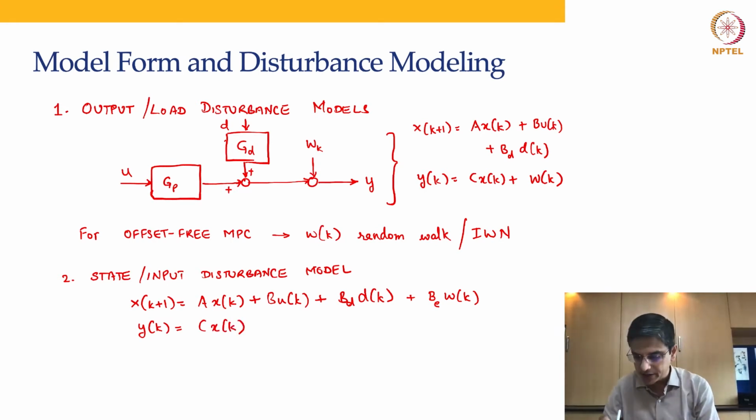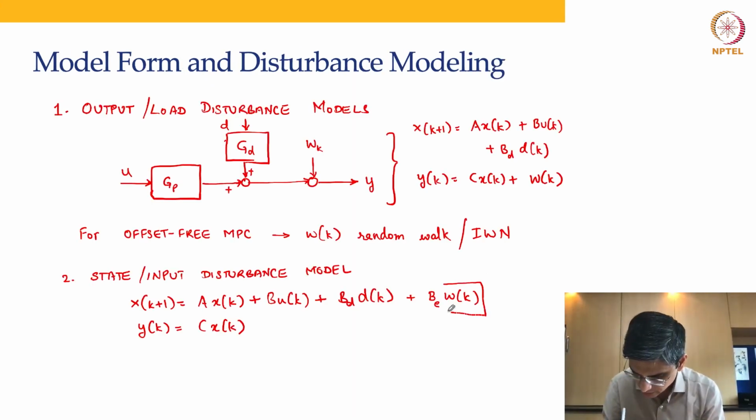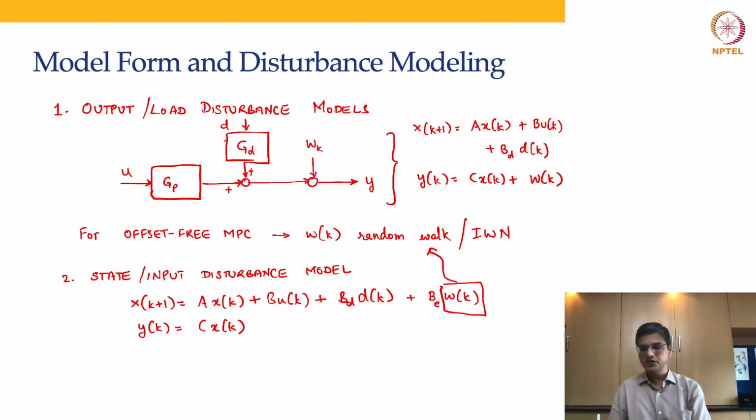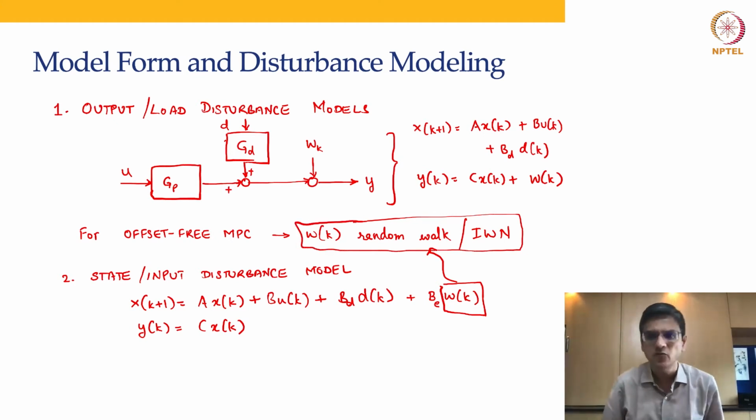Okay, over here also w_k, to take care of model plant mismatch or unmeasured disturbances, needs to be of a random walk or integrating white noise type sequence. Random walk and integrating white noise, you can use the terms interchangeably. They mean one and the same when it comes to the MPC algorithm. Okay, so this is the state or input disturbance model.